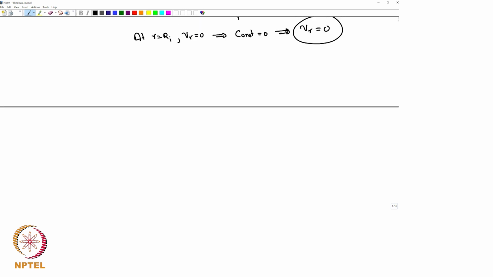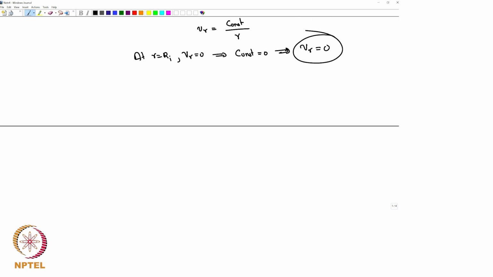We can write down only the theta momentum equation, but before that it is worth looking at the radial component of velocity, or r momentum equation as well, because that is going to give you some insight into the problem. The theta momentum equation is what is going to give you information about the flow profile. So, let us start by doing that.